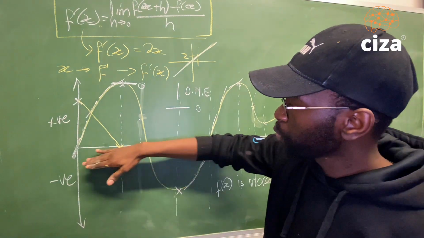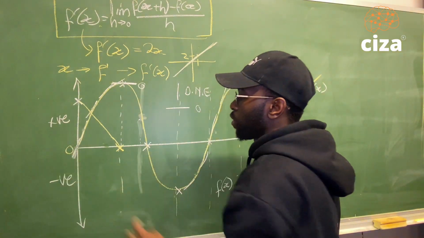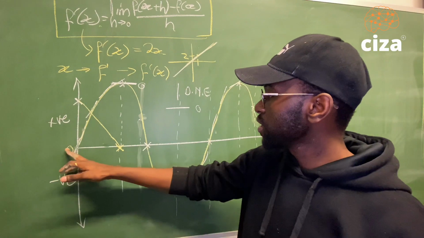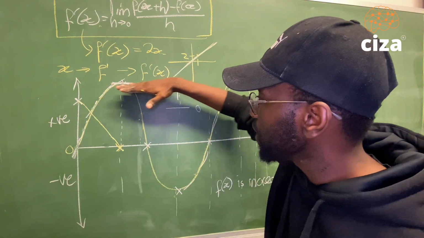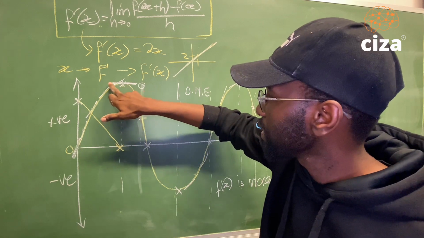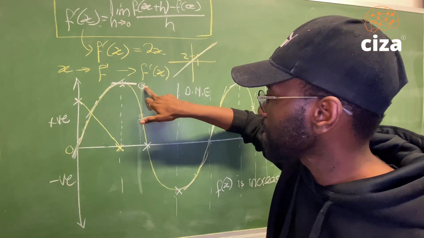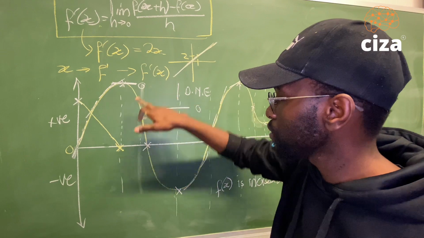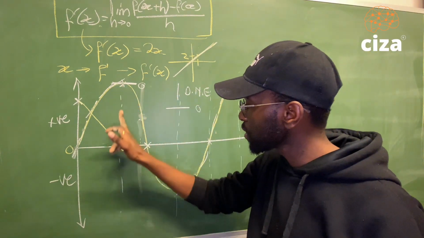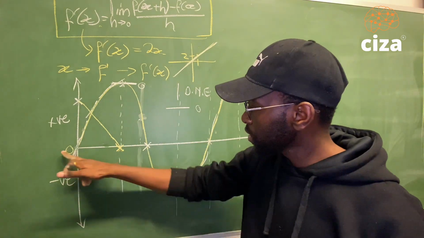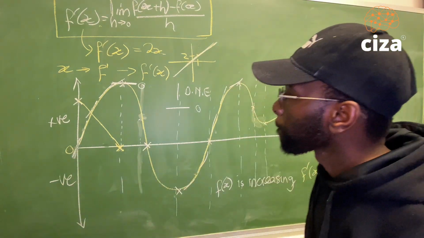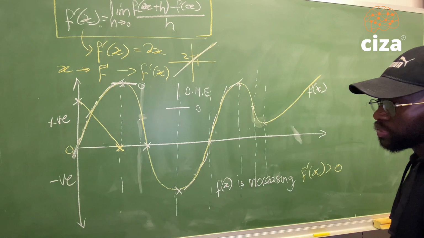Now, this is where y is equal to 0. Our derivative function here will be equal to 0. As we can see, at this point the gradient is horizontal, and the horizontal gradient is equal to 0. So it makes sense that at this point our derivative will cross the x-axis, will be 0, as you can see there.